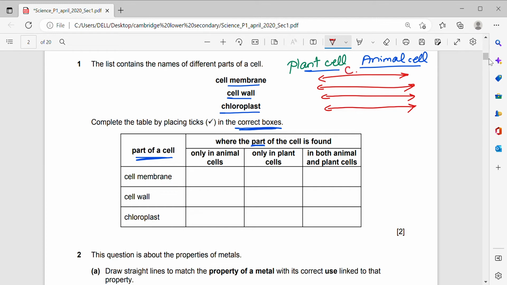We have C, M, and L. The first part is cell membrane, cytoplasm, mitochondria, and nucleus. So these are the 4 parts present in both types.